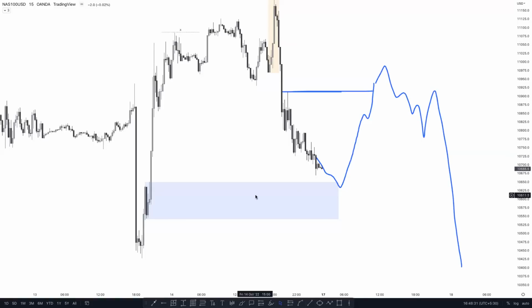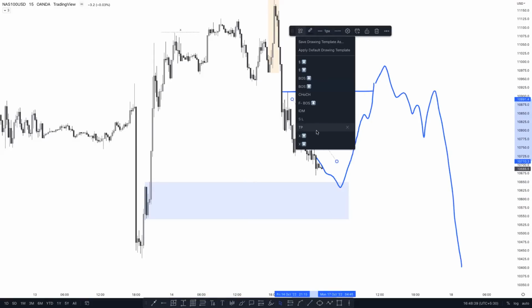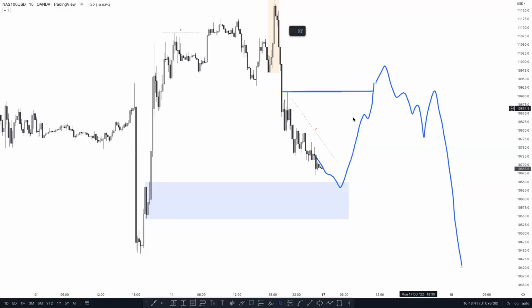So let's see if market taps here. This will give you a short-term move to the upside, then we can sell. And also this is our possible trend line liquidity, correct? So this can be a possible entry for the sell in NAS 100.